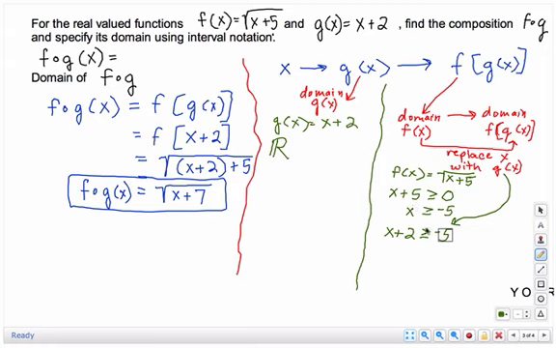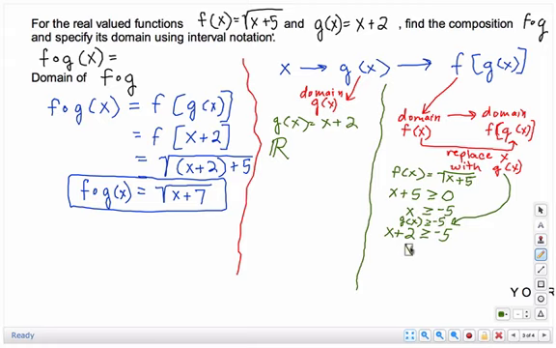So I want you to look at this again. I'm replacing this x value here with g of x, and g of x is the same thing as x plus 2. So I'm replacing that with x plus 2. Okay? Now you're going to solve it.